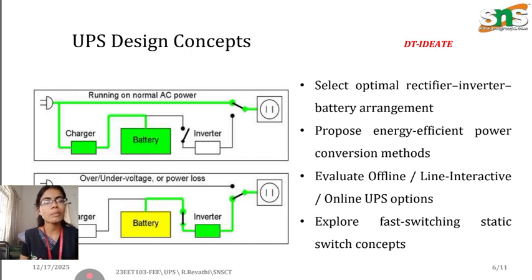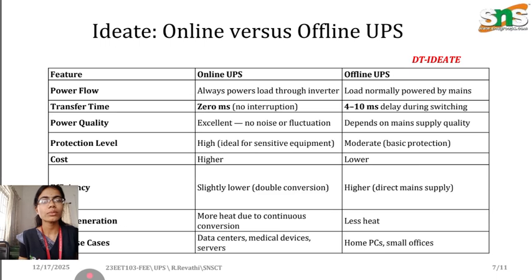In this switching supply, we use an SCR, or silicon controlled rectifier, for fast switching. This is connected to one load. Evaluating offline, line interactive and online UPS options, explore fast switching static switch concepts, select optimal rectifier, inverter and battery management, and propose energy efficient power conversion methods.